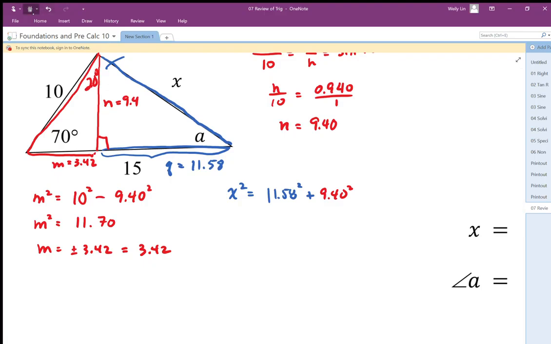I end up with x squared equal to about 222 point something. I square root that, and I end up with x equals approximately 14.91. So 14.91 is going to be my length of x.